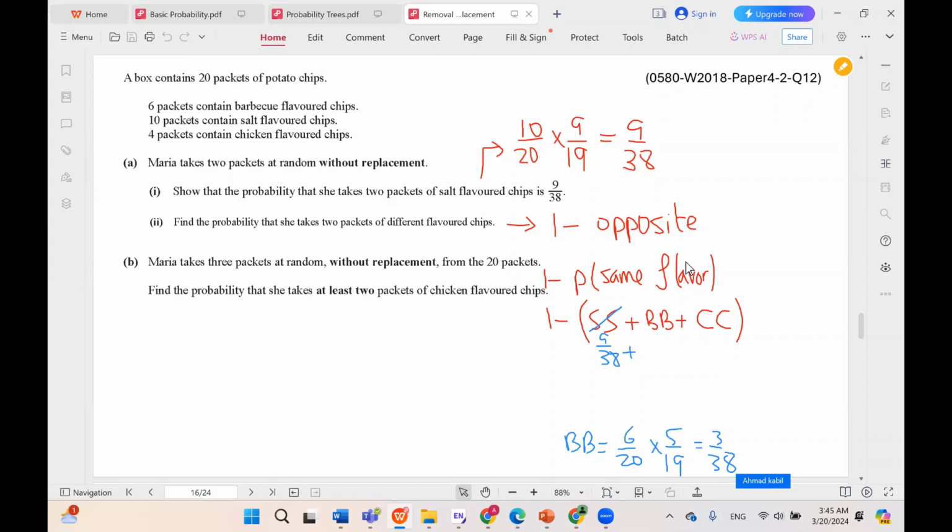And chicken, chicken would be 4 over 20 times 3 over 19. And that would give us 3 over 95.